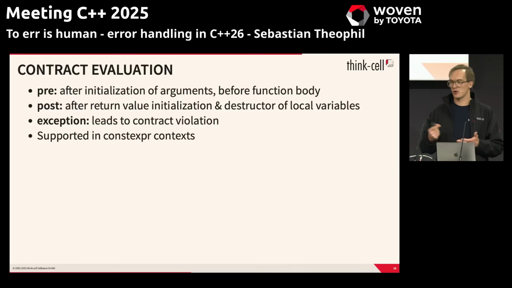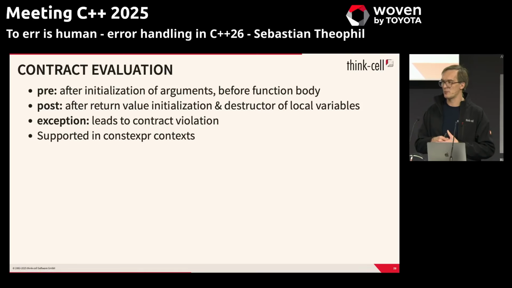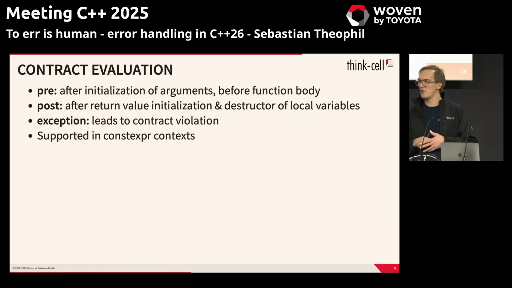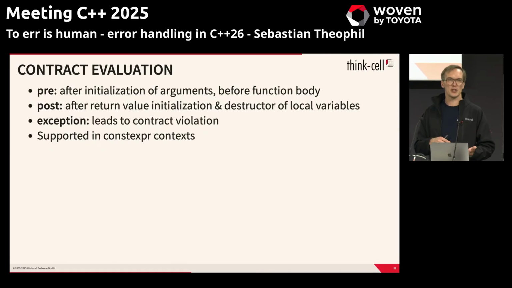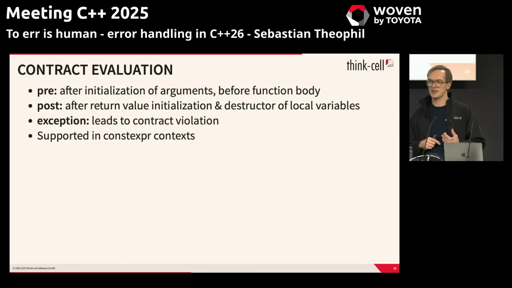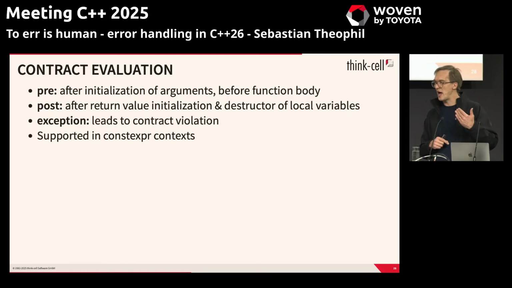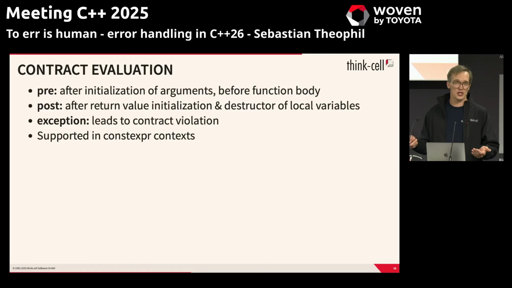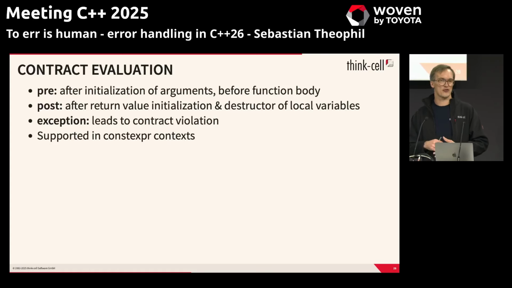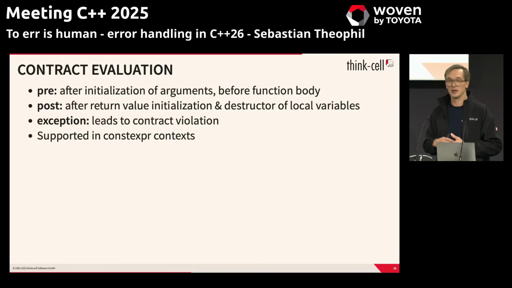So when are these contracts evaluated? The preconditions are evaluated after the function arguments have been initialized, of course, but before the function body runs. The postconditions are executed after the return values have been initialized, because we can access that return value, but before the destructors of local variables run, as they again might change some state.